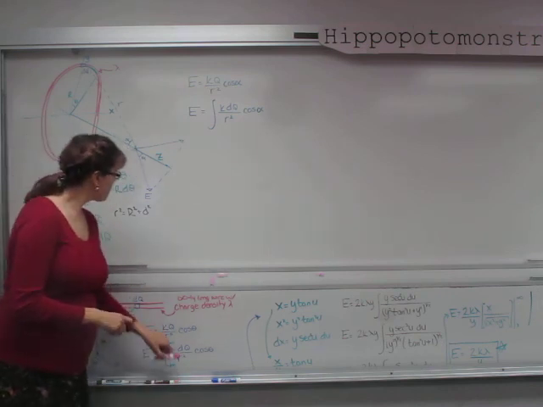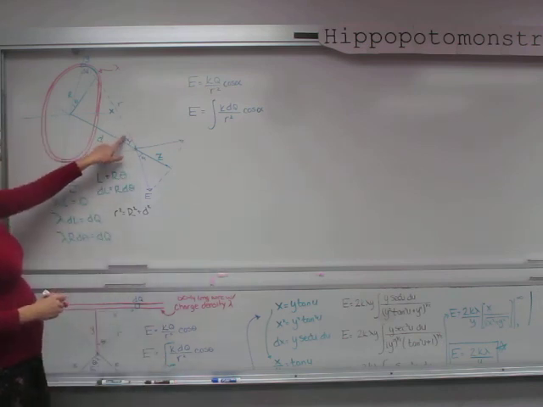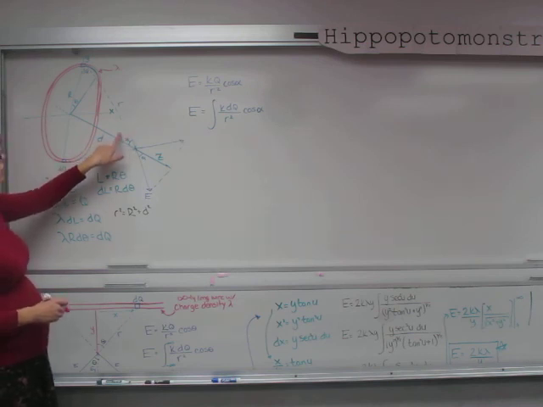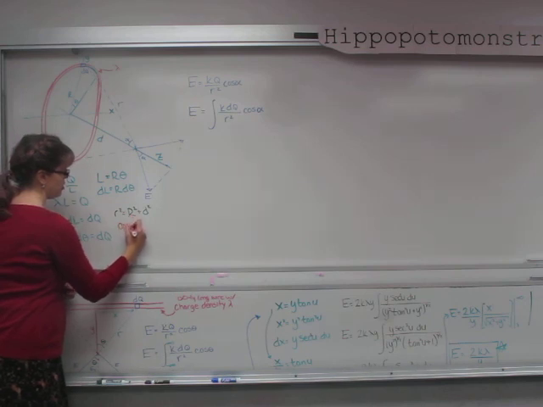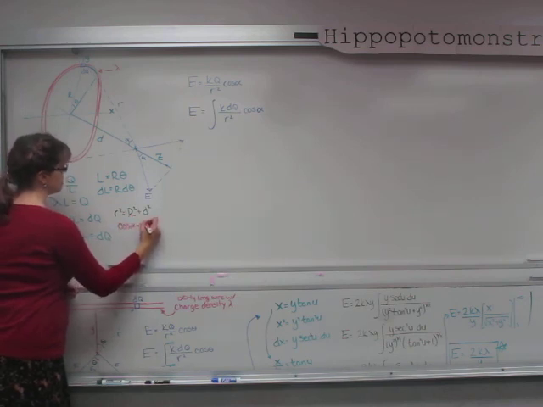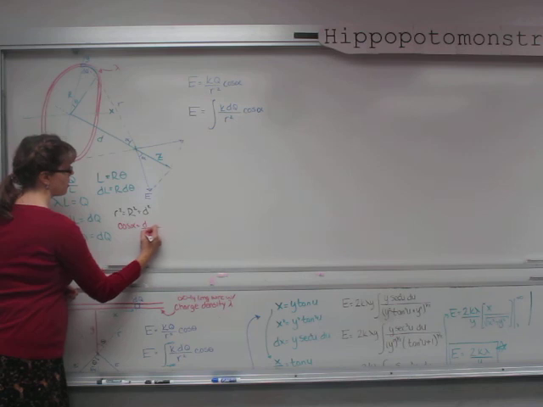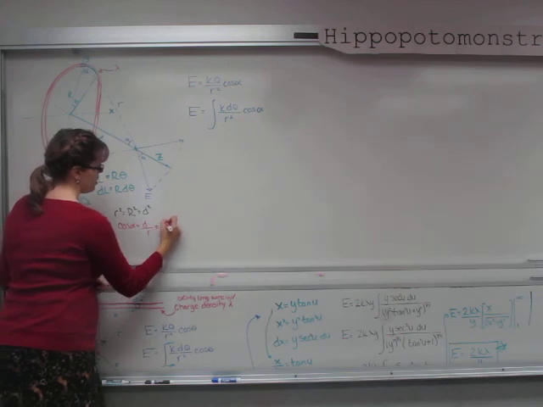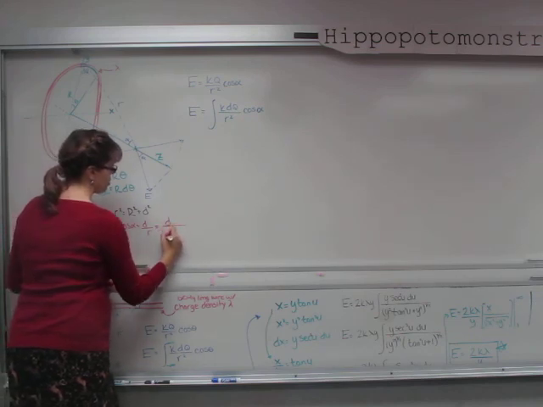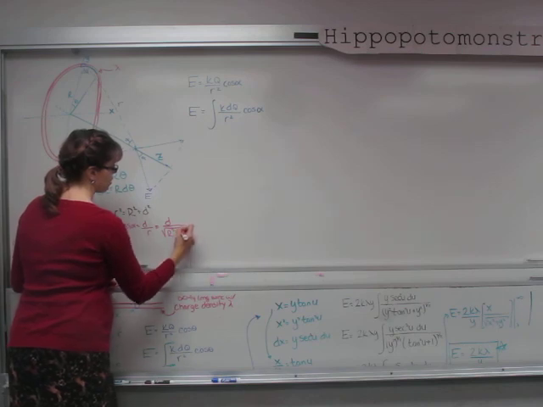And cosine alpha is equal to adjacent over hypotenuse. It's equal to adjacent d over hypotenuse r, which is equal to d over square root of radius squared plus distance squared.